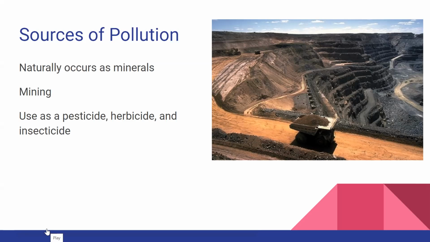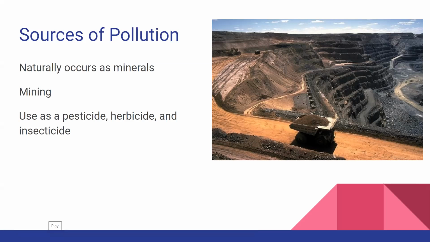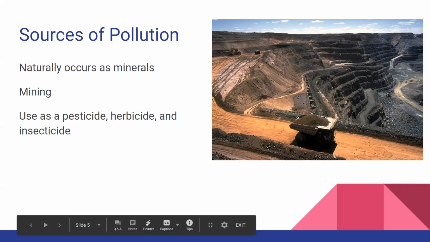Aside from naturally occurring arsenic, arsenic is also used as a pesticide, herbicide, and insecticide, or at least it has been used in the past. It is also used as a wood preservative, but with all these uses, like herbicide, pesticide, you would think people would realize it's not great for the environment.